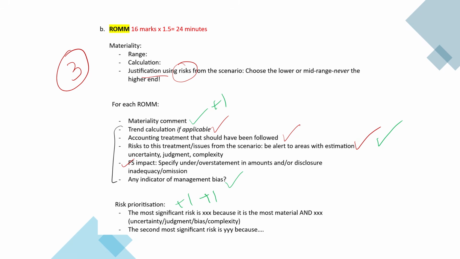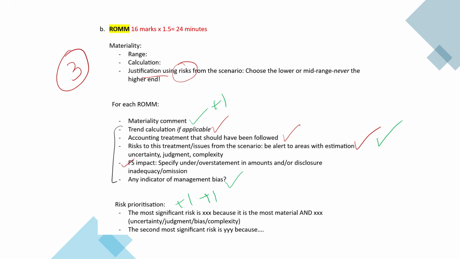I'm going to keep this nice and simple. I'm going to quickly read through my evaluation or my answer. I'm going to pick up 2 risks which were the most material, plus had some element of complexity, estimation, or bias, and I'm going to write that down. So I'm going to say the most significant risk is maybe revenue because it is the most material and there is a risk of management bias.